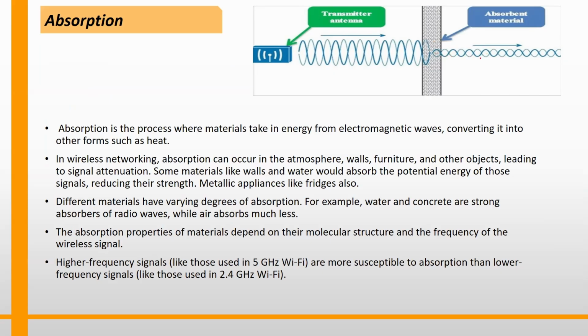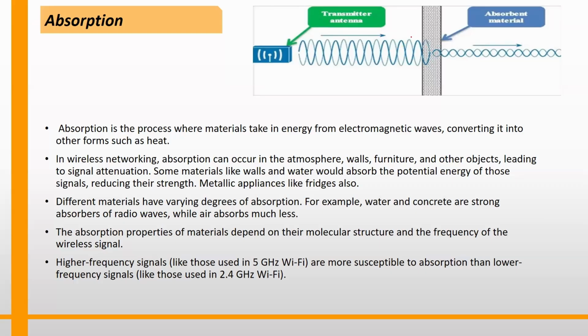Because the material's molecular structure resonates with the wave's energy, converting it from one medium to another medium. So then it is allowed to pass from one medium to another medium.